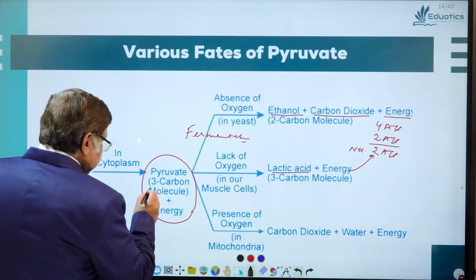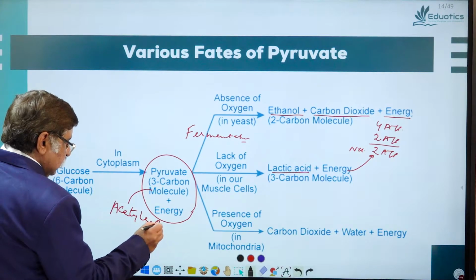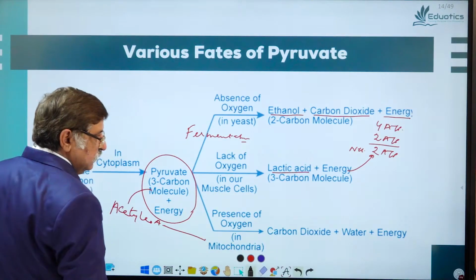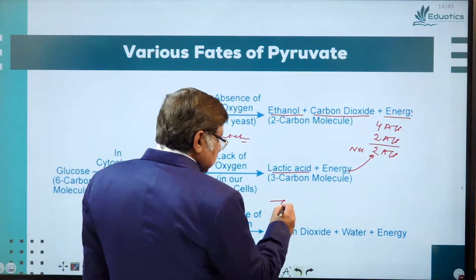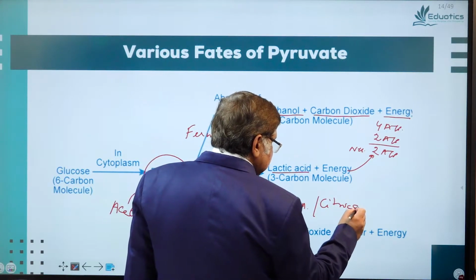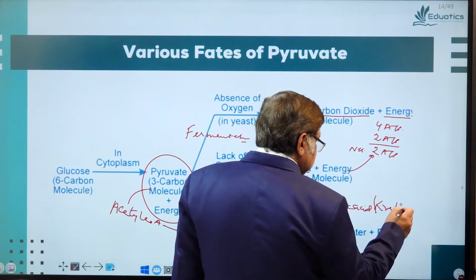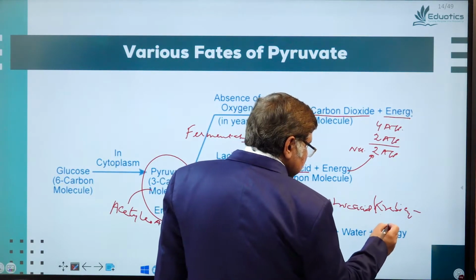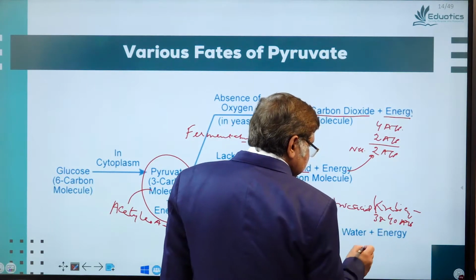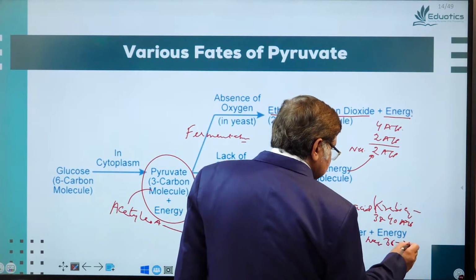If this pyruvate is converted into acetyl coenzyme A, which we will study in higher classes, it enters the mitochondria, where the TCA, tricarboxylic acid cycle, or citric acid cycle, or Krebs cycle goes on. Here the total energy released is 38 to 40 ATP. Net will be 36 to 38 ATP.